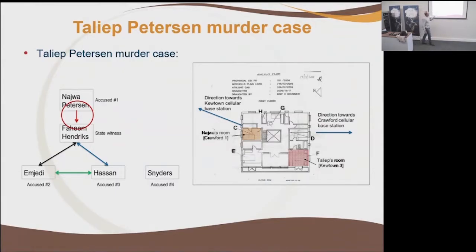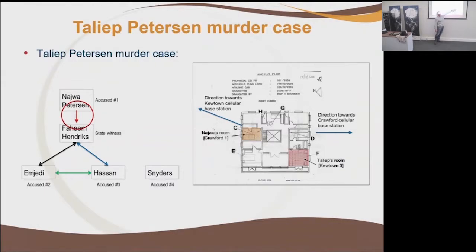And that's how we broke her alibi, because she said to the police she was sleeping and she had medication, she was asleep, the people came into the house and woke her up. But based on her cell phone records, she was actually moving about. She was wide awake and talking to the people, especially to this guy. So we could recreate, to a certain extent, her movement inside the house.